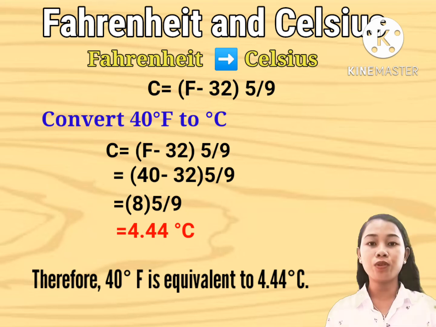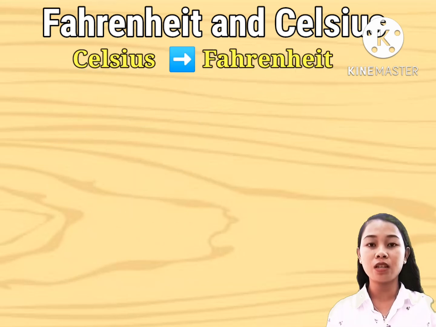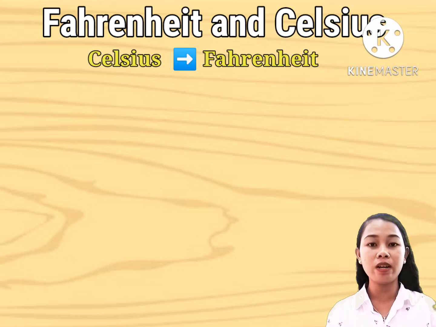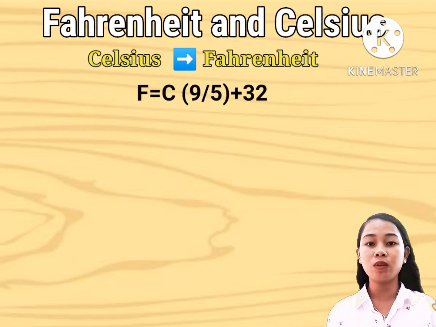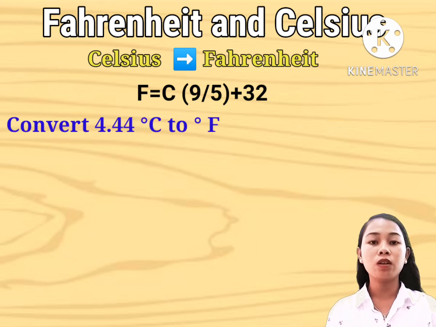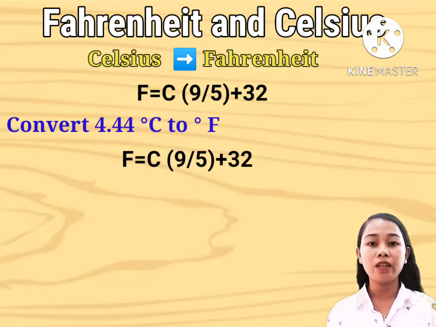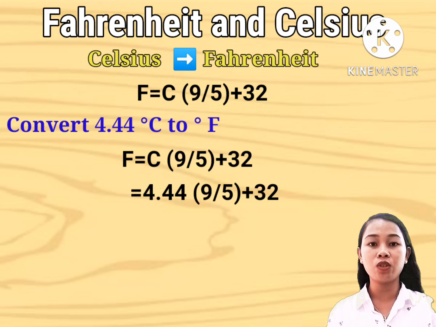But if we calculate the vice versa, from Celsius to Fahrenheit, we use the formula F is equal to C times the quantity 9 divided by 5 plus 32. For example, convert 4.44 degrees Celsius to Fahrenheit. Copy the formula and substitute the degrees Celsius, which is 4.44 times 9 divided by 5 plus 32.